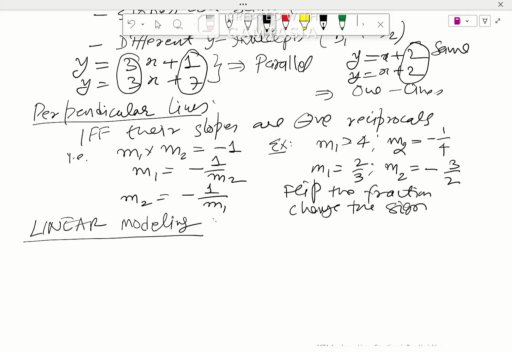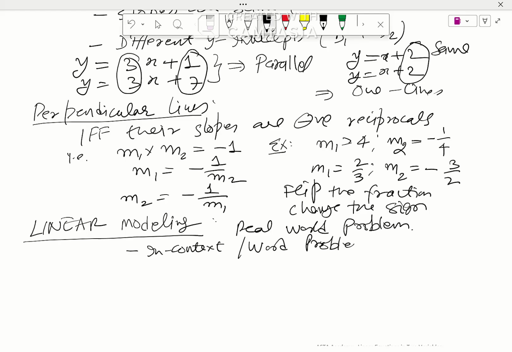So the real world problems will be coming and you need to be able to solve them. As I said, these are in-context type of problems or the word problems.